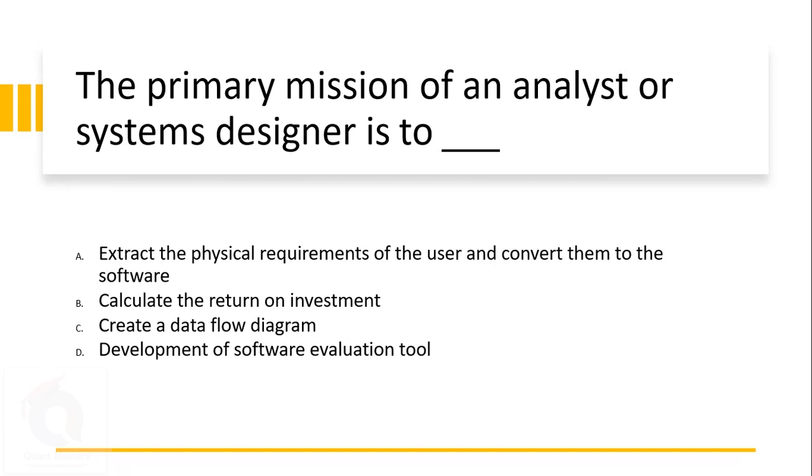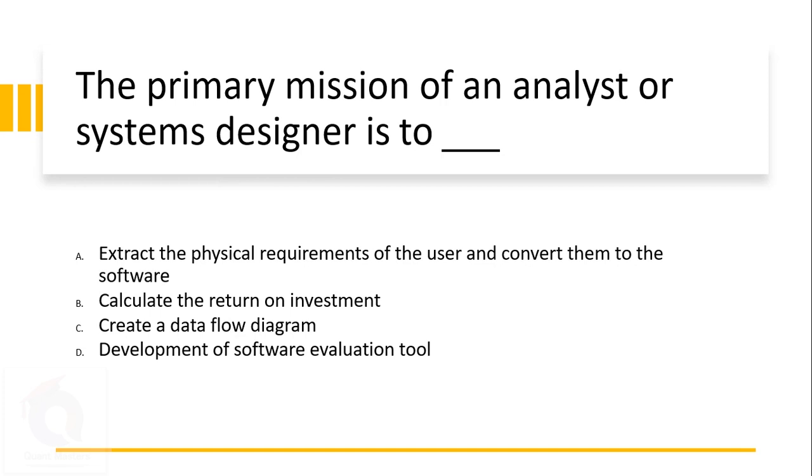Now, this question is about the primary mission of an analyst or system designer. A system designer or analyst is the person who works at the initial stages of the software development life cycle. Their work is to make sure that the requirements of the software are available and that the software is feasible, financially feasible, technically feasible, and so on.